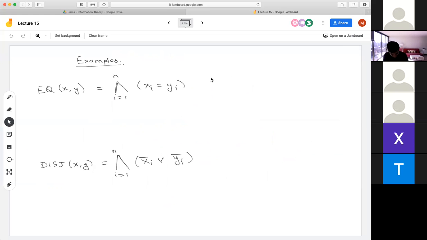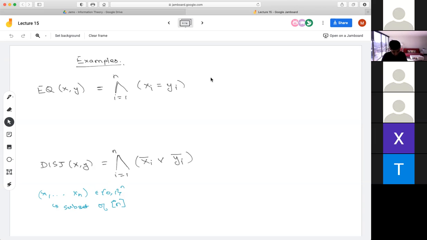And the other is called the disjointness function. You usually think of x1 to xn, a string of n bits, as a subset of 1 to n, which is just whatever bits are 1.